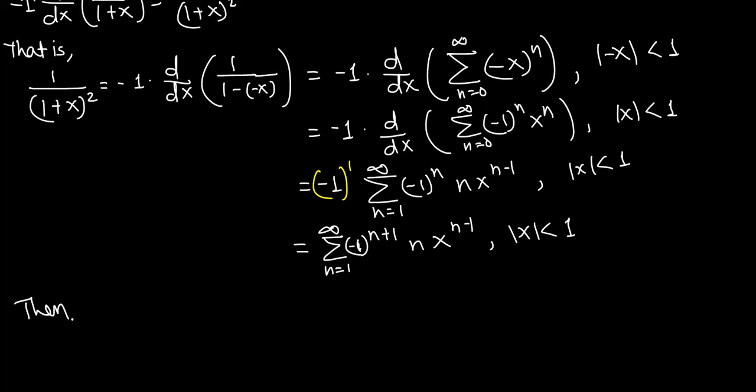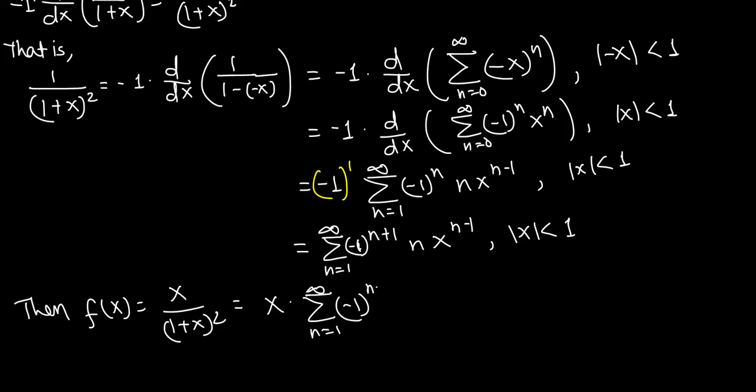Then for f(x), which is x over (1 plus x) quantity squared, that's x times 1 over (1 plus x) squared, which is here: x times the sum n from 1 through infinity, negative 1 to the n plus 1 times n x to the n minus 1, and the interval of convergence is here.